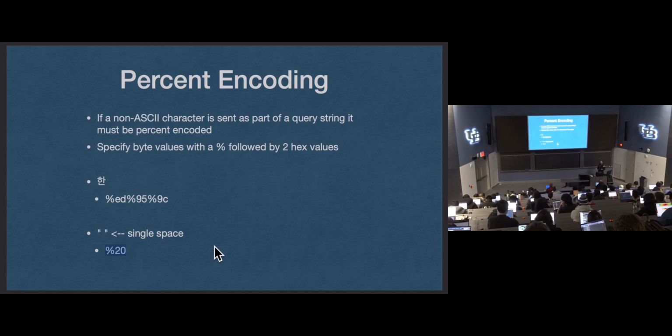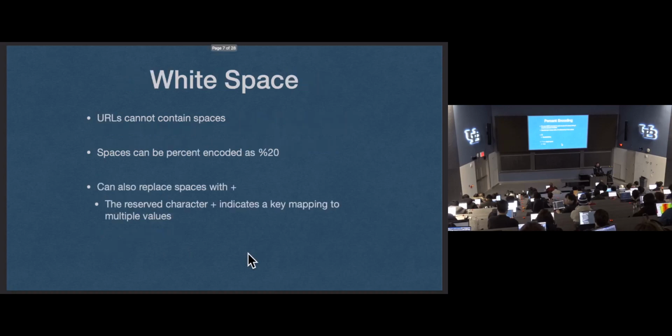If you have a space somewhere, it's usually replaced with %20, or, as we saw in search engine searches, they replace the spaces with pluses, just to be different, I guess. But our spaces can be percent encoded to %20, because we can't have spaces in URLs. It's just not allowed. That'd be crazy. The whole world would start on fire. So %20 to encode that.